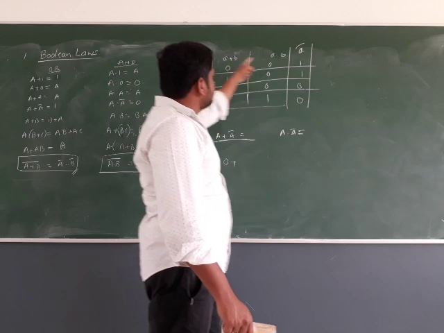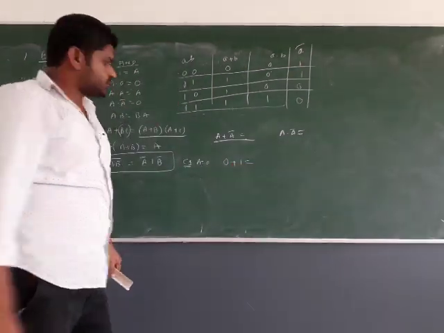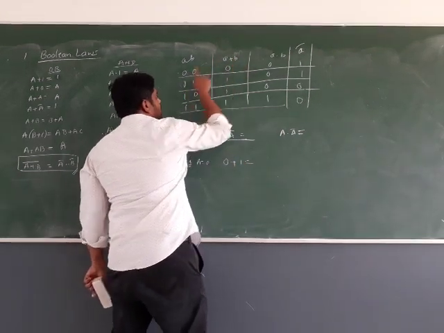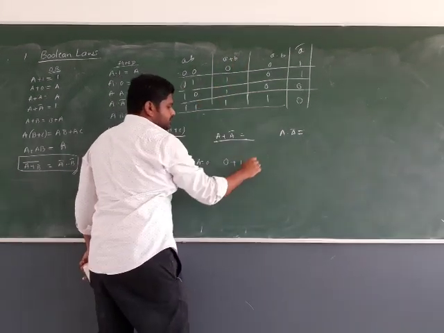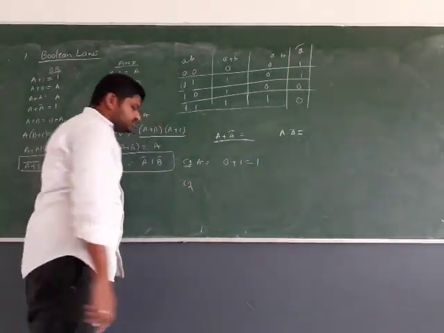If A is 0, A complement is 1. Okay, so what is 0 plus 1? Plus means this column. What is the 0 plus 1 answer? 1. Is it clear?